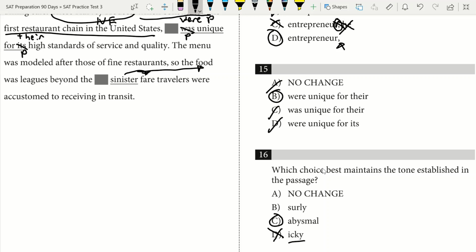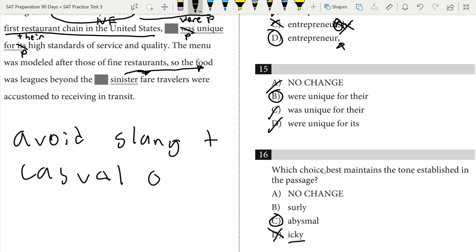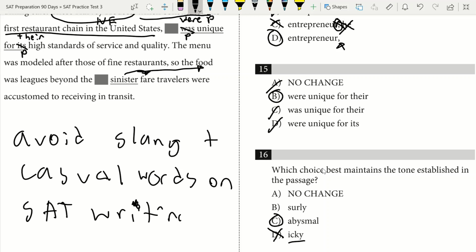Icky is a very casual and kind of slang word, and we want to avoid casual and slang words. Avoid slang and casual words on the SAT writing section, and I would put that in your notes. Okay, we don't want to use slang or casual words on the SAT writing section. We want to be academic.